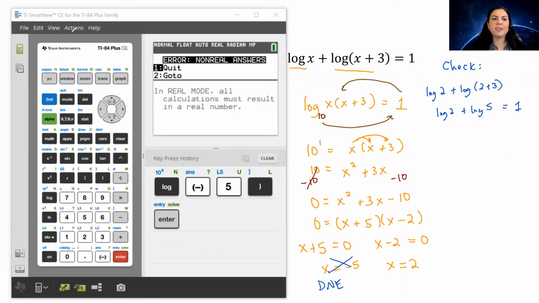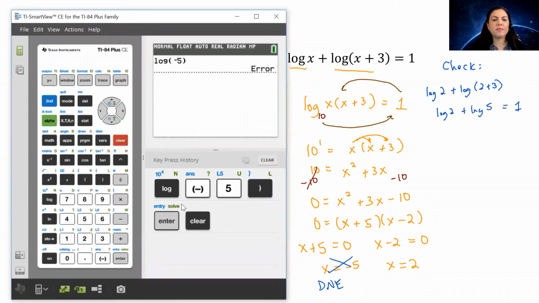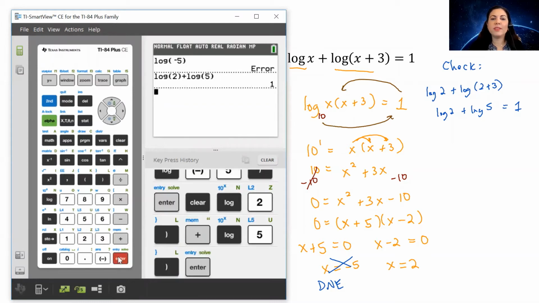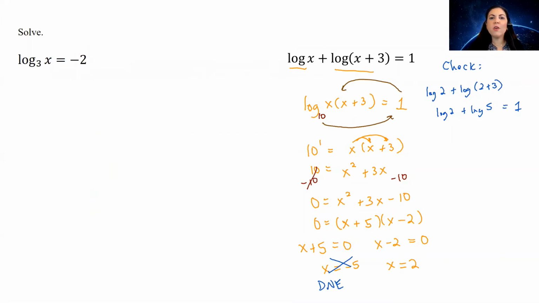So let me come back to my calculator and clear this. And so I'm doing log 2 plus log 5. And we see that it does equal 1. So that means that even though algebraically it looked like we had two solutions, our only valid solution is x equals positive 2.